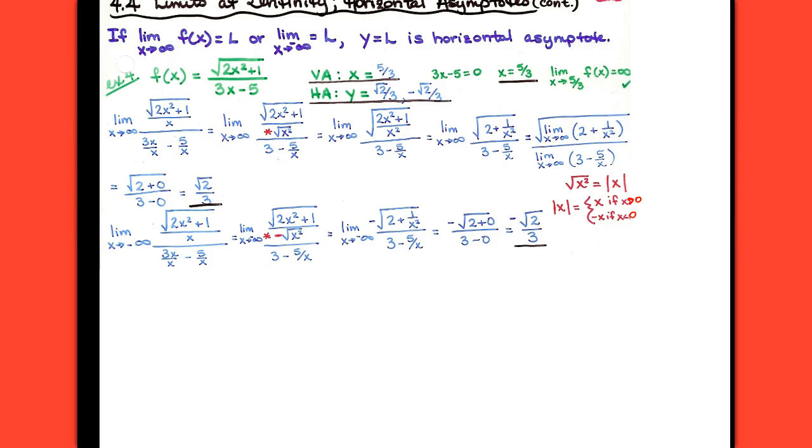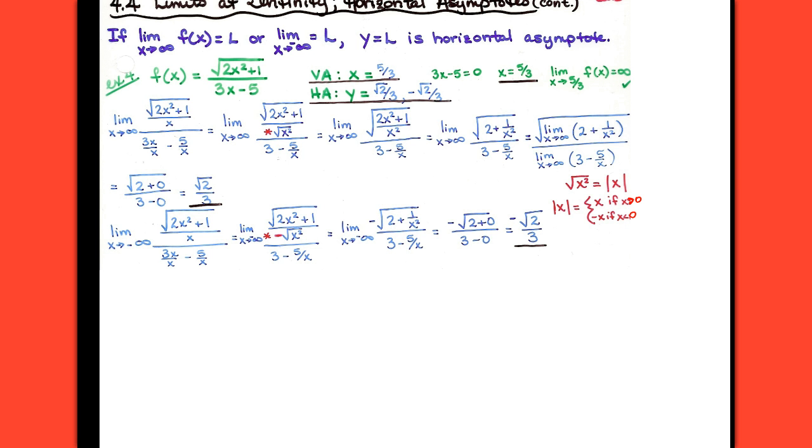Just by way of review, remember that if you want to identify a vertical asymptote, it's typically going to be where your denominator is equal to 0, if you have your rational function in its lowest terms. Now, there may be an exception to that, and for AP purposes, that's not an acceptable justification.